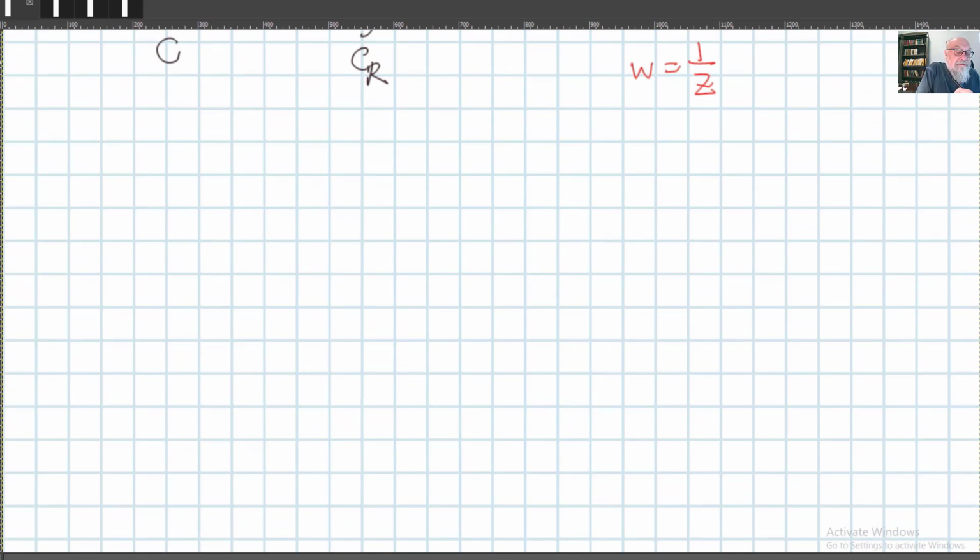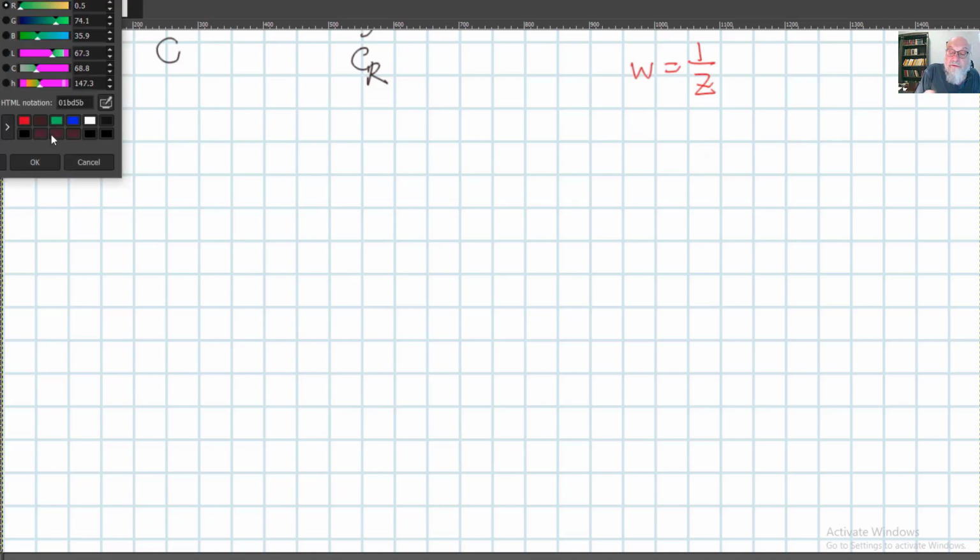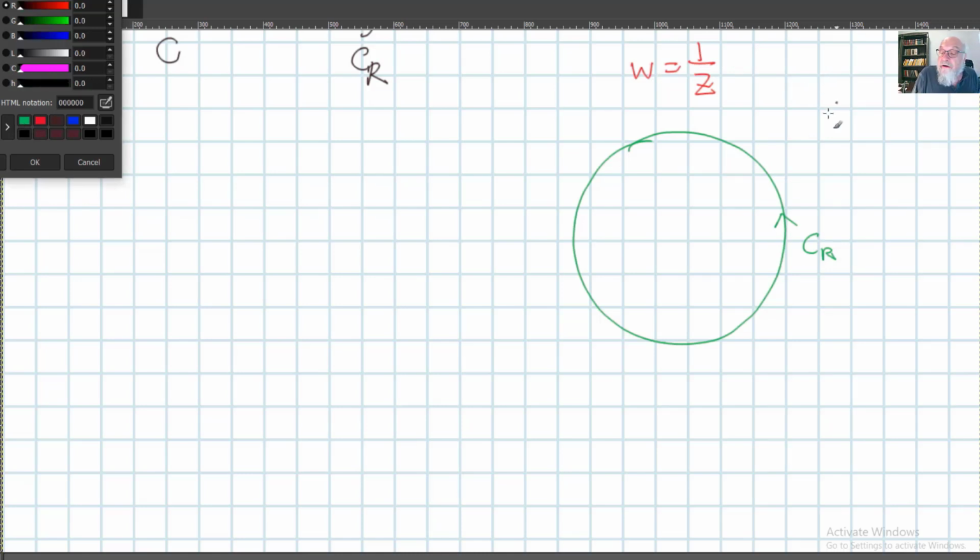So now let's see what happens here. We have our contour CR. CR is basically parameterized by z of t equal to R e to the i t.